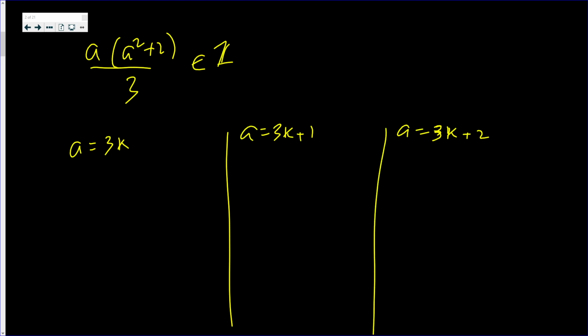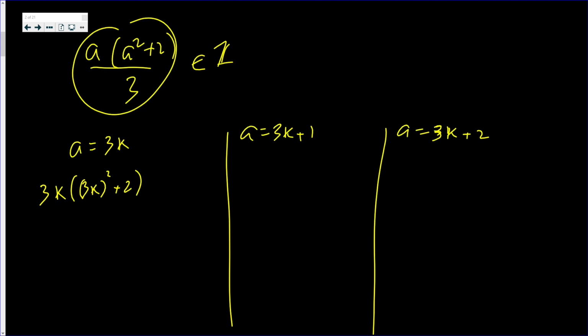Each and every integer can be written that way. So, writing it in this form, 3k times, well, 3k squared is an integer, and when you add 2, it's an integer. And when you divide by 3, we see what we get.